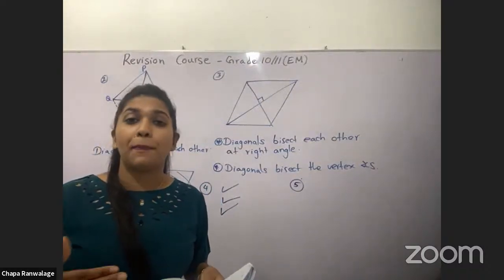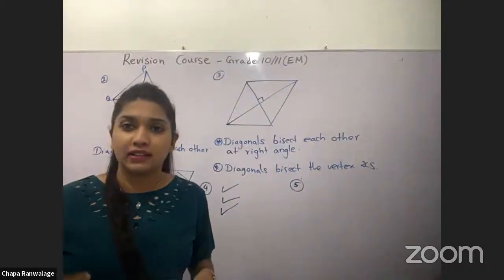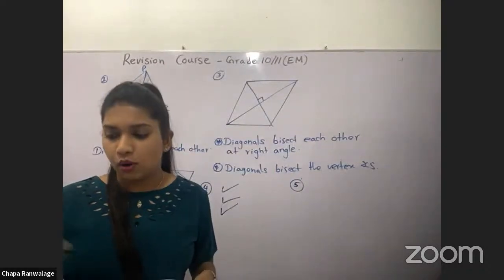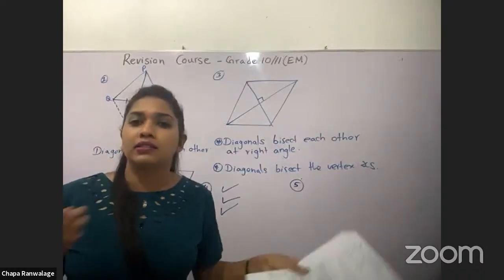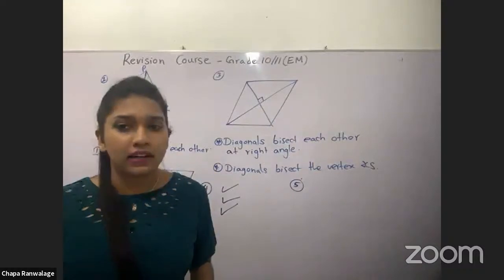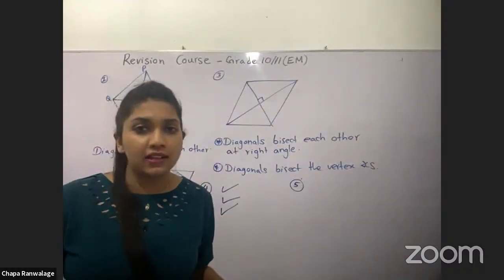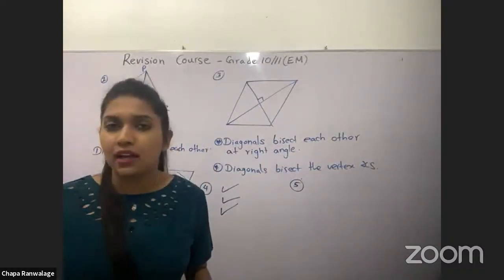Opposite sides, you can say opposite sides are equal or opposite angles, both are correct. Or you can write either sides or angles, both are correct, no matter. Opposite angles are equal and opposite sides are equal.